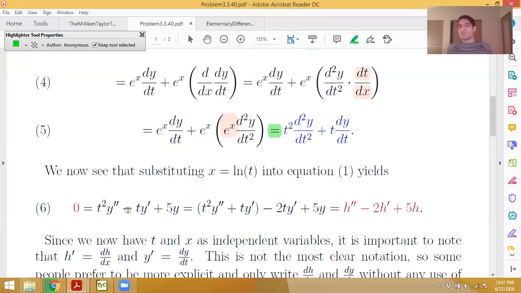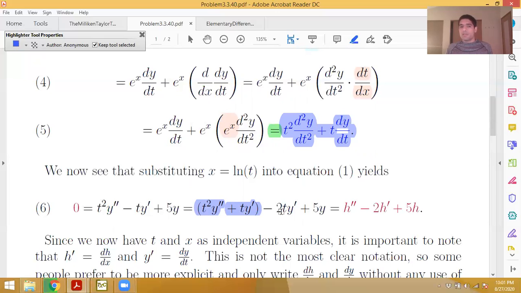Now, I'm going to regroup terms a bit. I know I'm going to want t squared y prime prime plus ty prime. So I make that appear. I prepare myself to get the term that's going to turn into h prime prime.